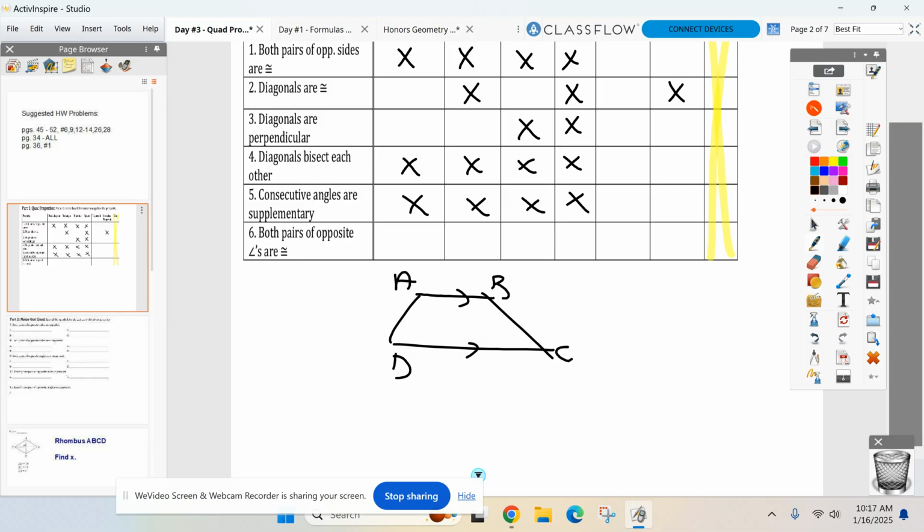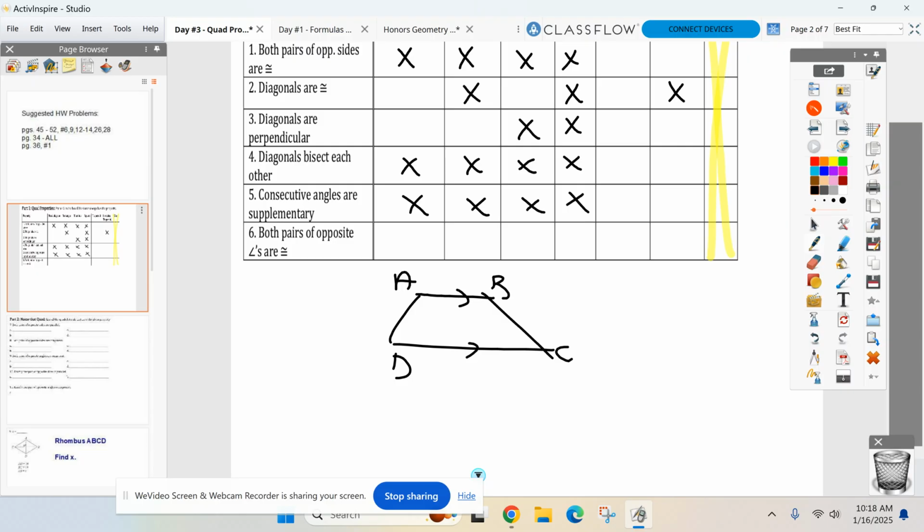D and A are. C and B are. Those consecutive angles are. But what about A and B? Nope. D and C. So not all consecutive angles are supplementary in a trapezoid. Just two pair. And the same goes for isosceles trapezoid.